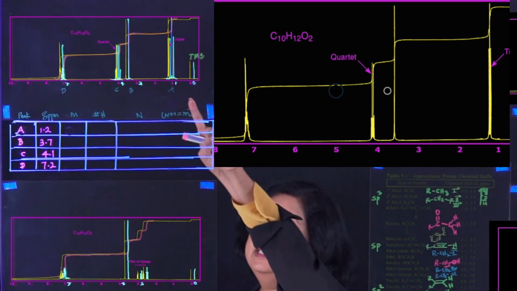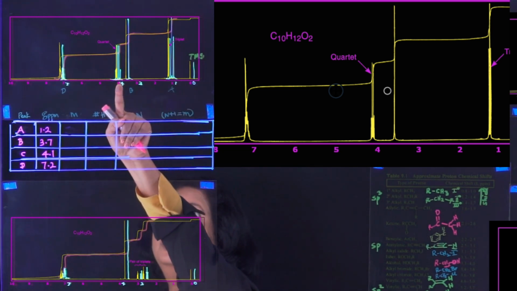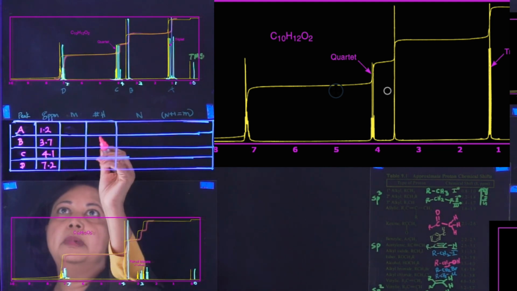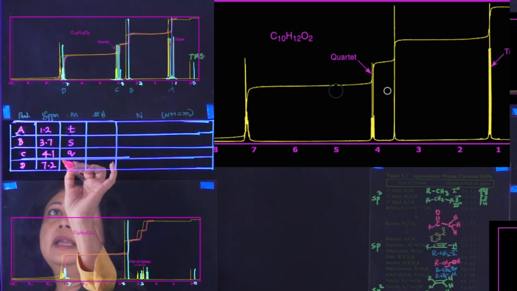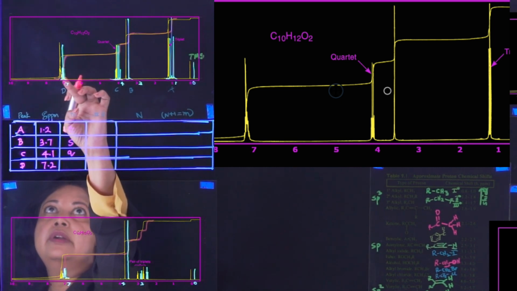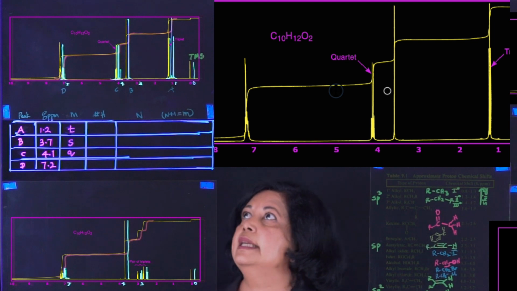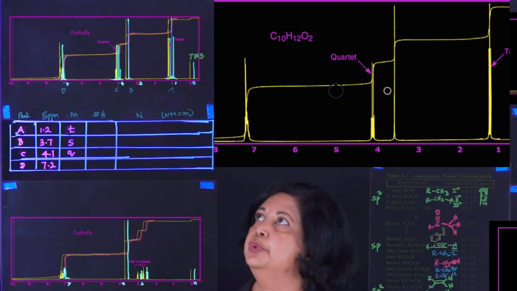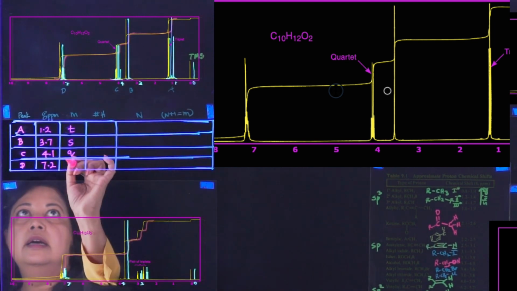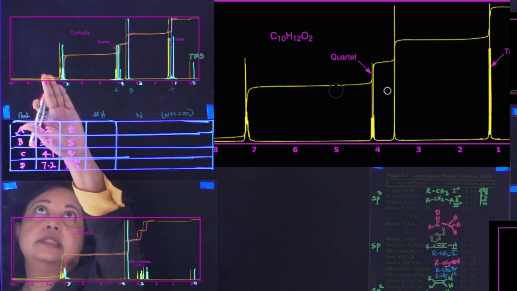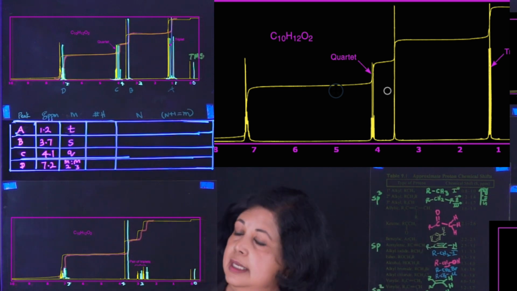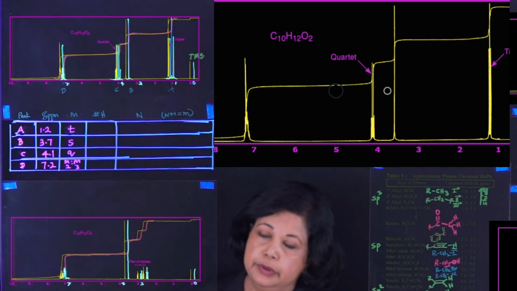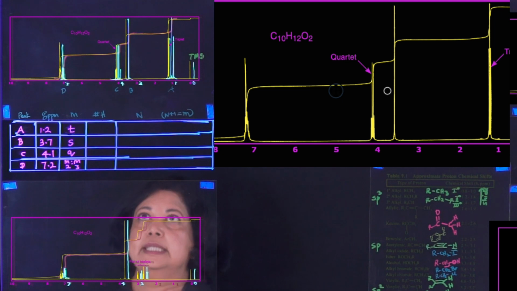Let's do the multiplicity next. This is a triplet, singlet, quartet, and a multiplet. Over here, this multiplet is kind of a 2 to 3, and the 3 is more shielded and the 2 is more deshielded. So that would help us figure out the substitution pattern to some extent.